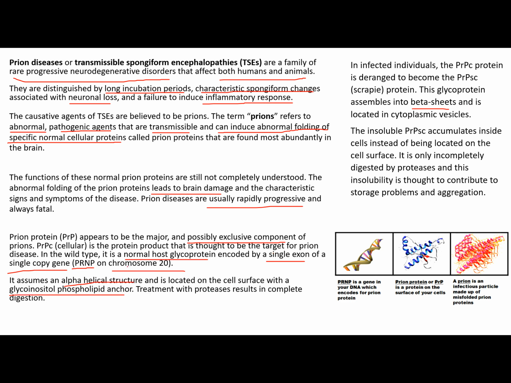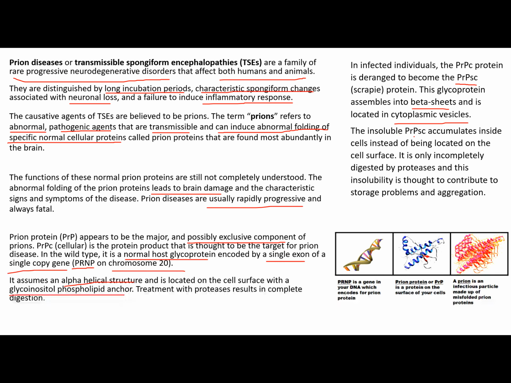Okay, your PrP, class, is the normal prion protein. It appears alpha helical. Now, if a person is infected or undergoes mutation, it becomes the abnormal prion PrPSc. So from an alpha helical structure, your PrP would now become a beta sheet protein known as PrPSc, which is located in cytoplasmic vesicles.